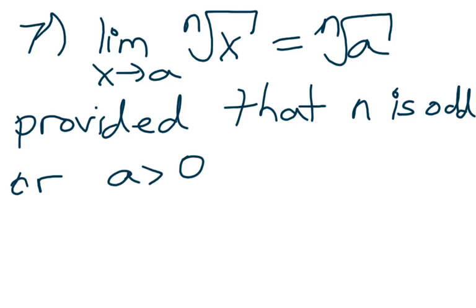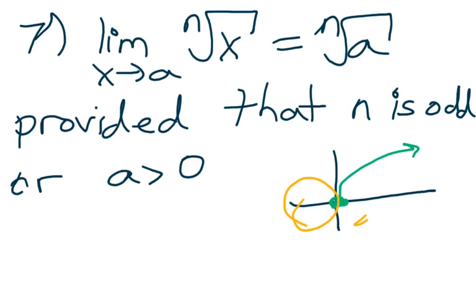Now you might say, what about a equal to 0? So what happens if a is equal to 0? Well, let's think about the square root. Here's our square root function. The function exists at a is equal to 0. However, we're not talking about the function, we're talking about the limit. And the limit from the right might exist, but the limit from the left here, that limit does not exist.